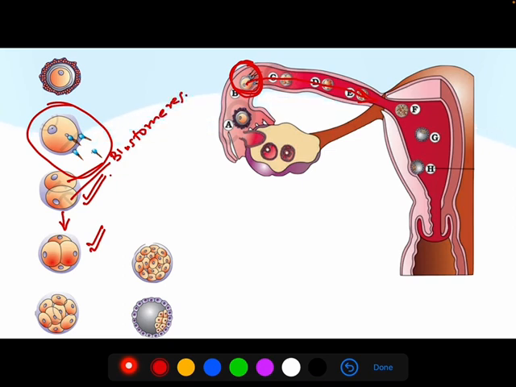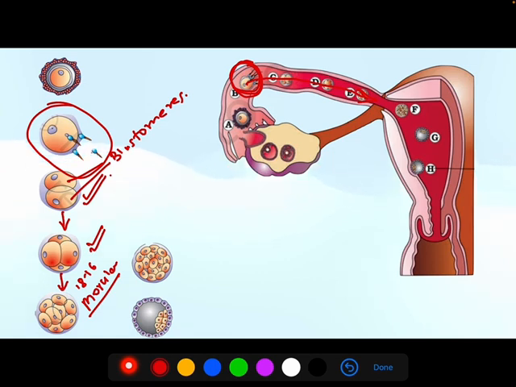Now there is again division of the blastomeres, and finally we come to a stage where around 8 to 16 blastomeres are there, and this stage is called the morula.